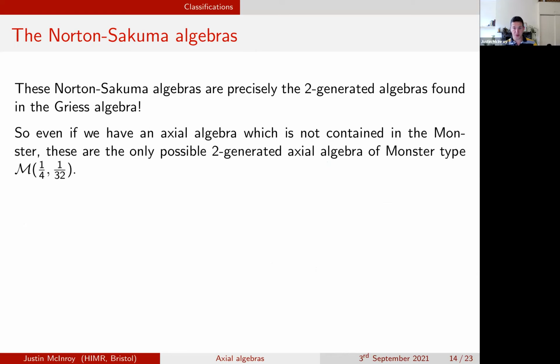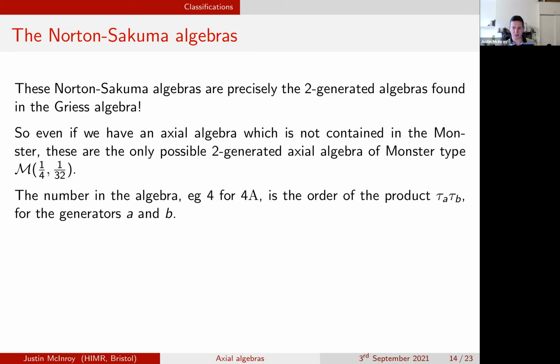So in particular, if we've got some axial algebra which is not contained in the Griess algebra, even if it has nothing to do with the Griess algebra, still these Norton-Sakuma algebras are the only possible two-generated algebras. That's a rather odd happening.